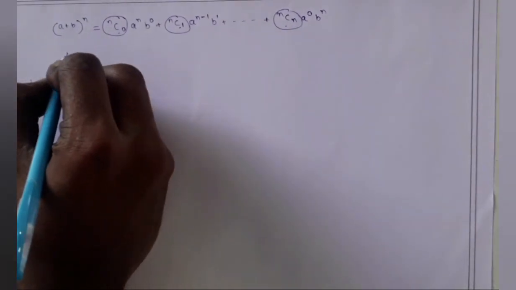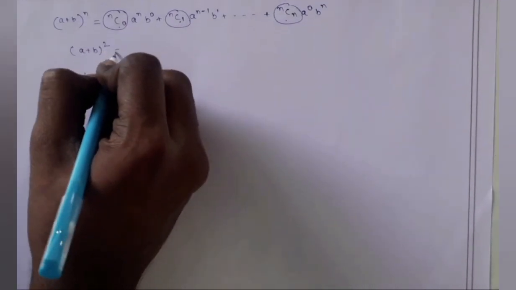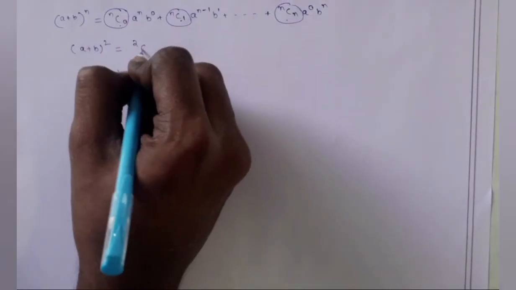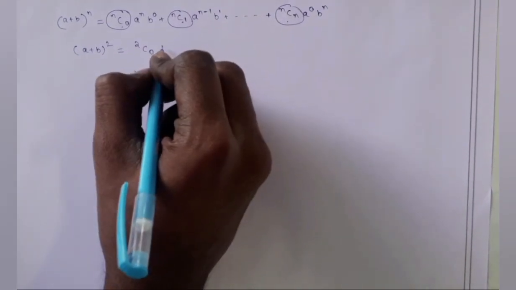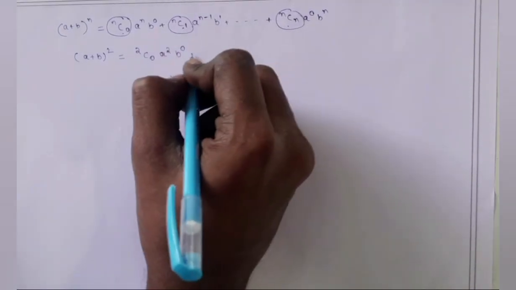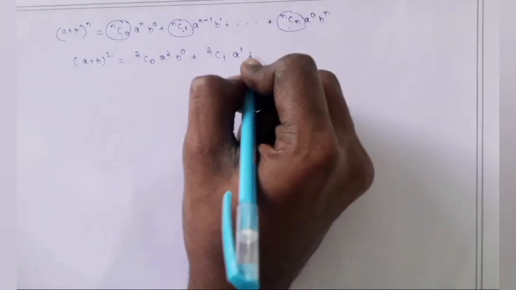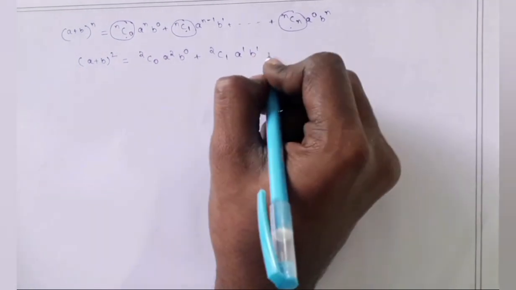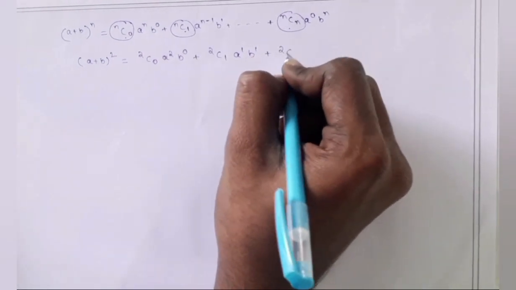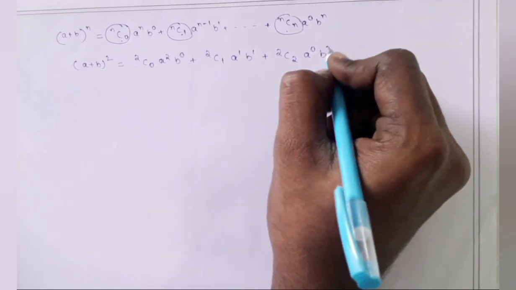Now if we take a plus b whole square, it is written as 2C0 a to the power of 2 into b to the power of 0 plus 2C1 a to the power of 1 into b to the power of 1 plus 2C2 a to the power of 0 into b to the power of 2.